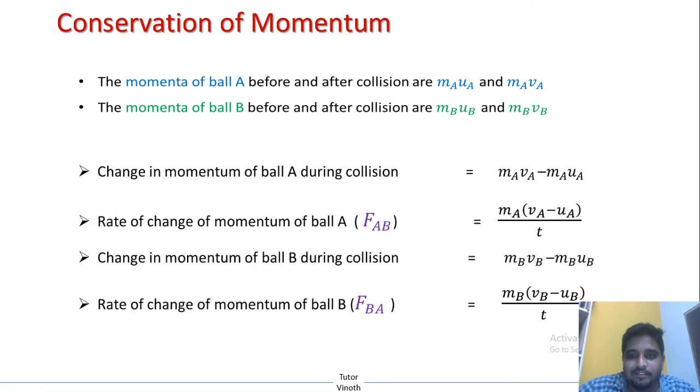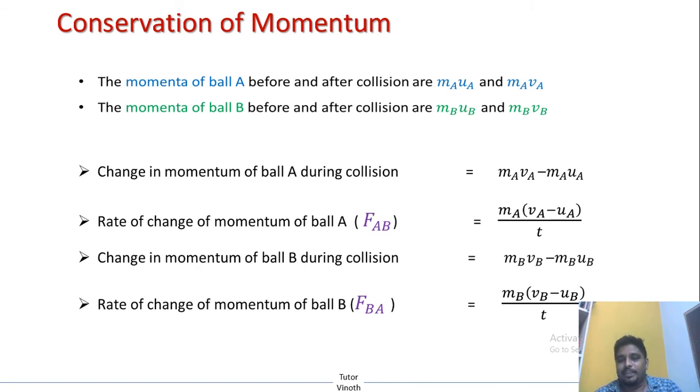For the change in momentum, we subtract the initial from the final velocity of ball A, take ma as common, and divide by t. The same for the momentum of ball B, taking mb as common.